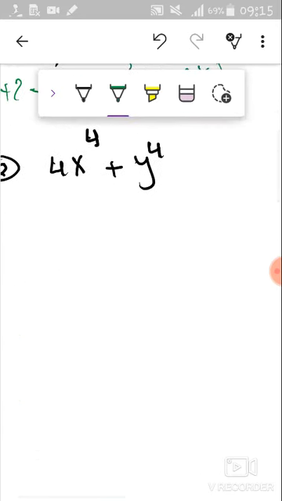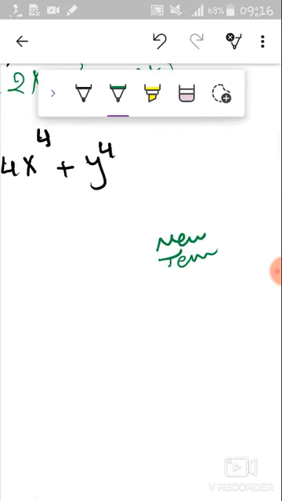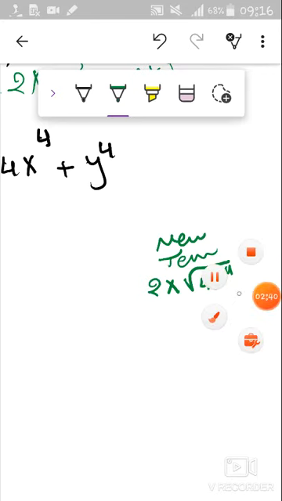Okay, next. Here we have also two terms having a square root and the sign between them is positive. So I will add a new term and subtract it. The new term will be 2 times the square root of 4x to the power 4 times the square root of y to the power 4.